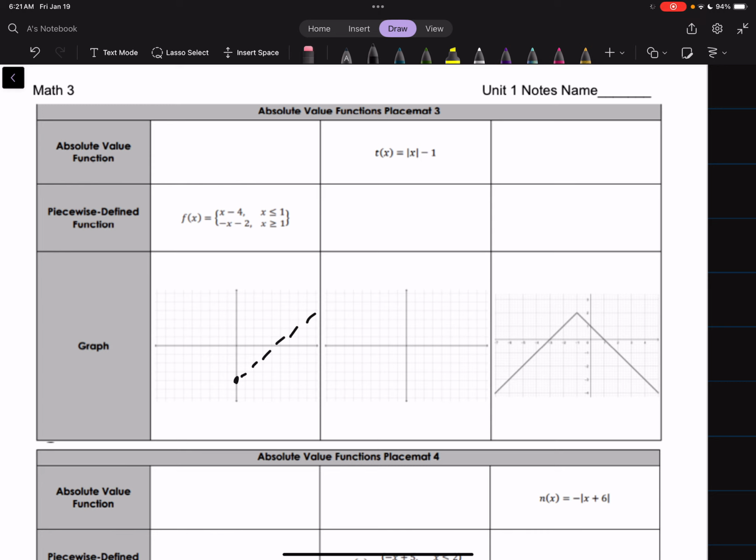We want this where x is less than or equal to positive 1. So we want the left side of positive 1, and we want negative x minus 2 where it is on the right side of 1.